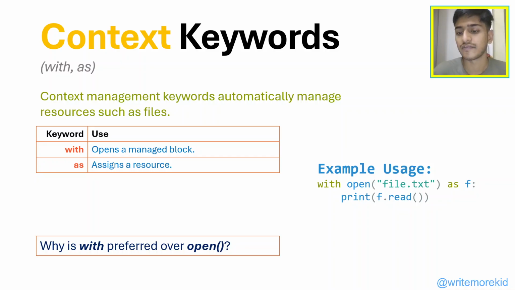And then we also have f.readlines. In readlines, where there's an s after line, if you use that, then you will receive a list with all the lines of the text file.